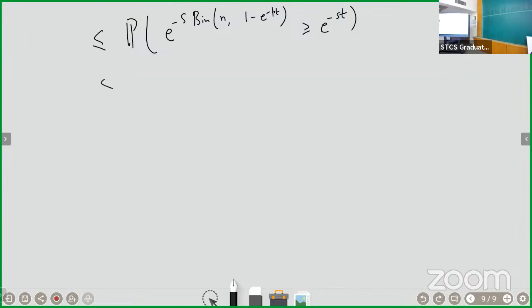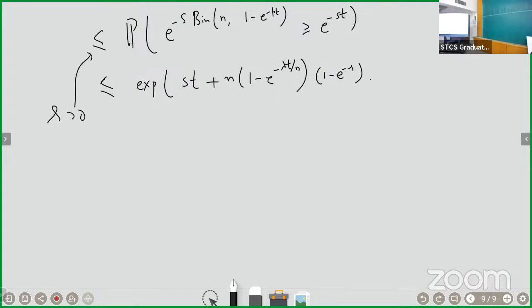I'm using Markov's inequality. This is true for any s greater than 0, which is exponential with an s greater than 0. That is true for every s. So the final bound is this. Again, don't worry about it. It's just algebra. Nothing really interesting going on.